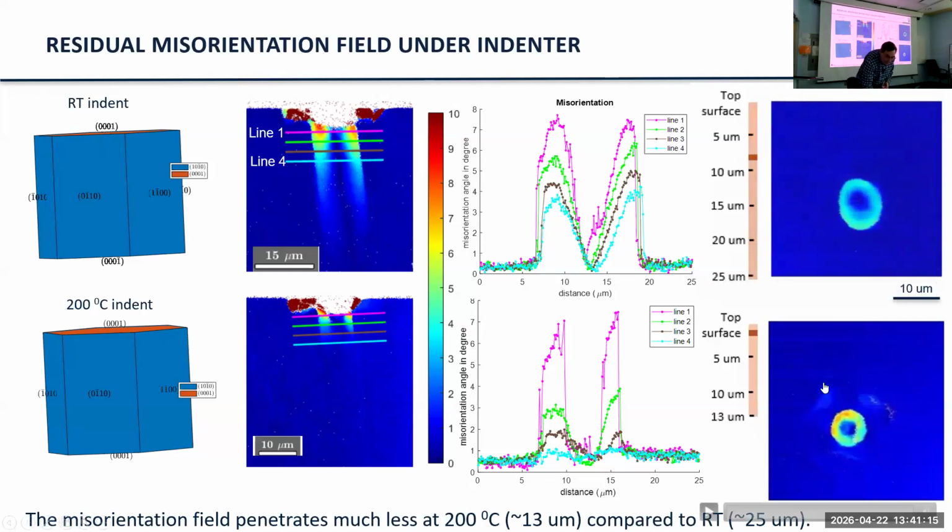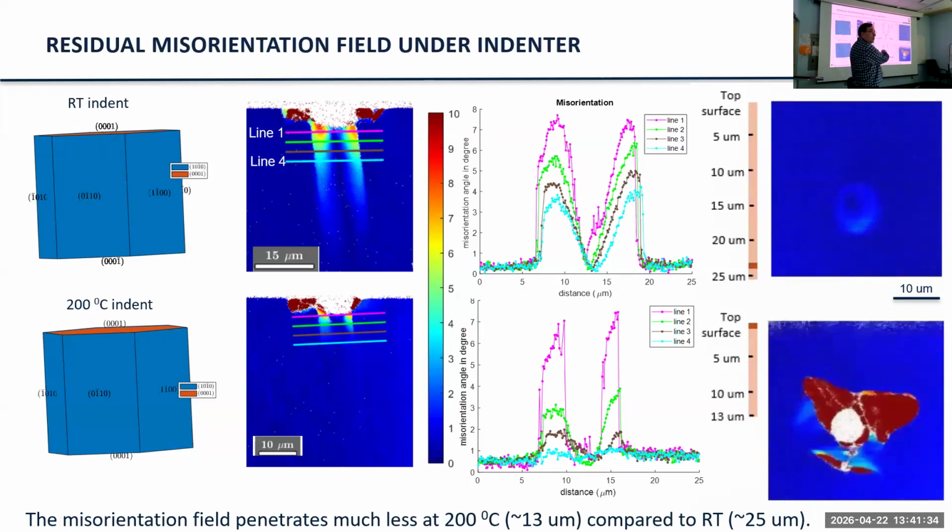Okay, and then at the bottom one, we see similar things at the high temperature. There are bigger twins, but again, you see this donut. But the depth of the distortions or misorientations, whatever you want to call them, is much less at 200 degrees than it is at room temperature. If you look at this, this deformation field is like 5 times greater than the diameter.